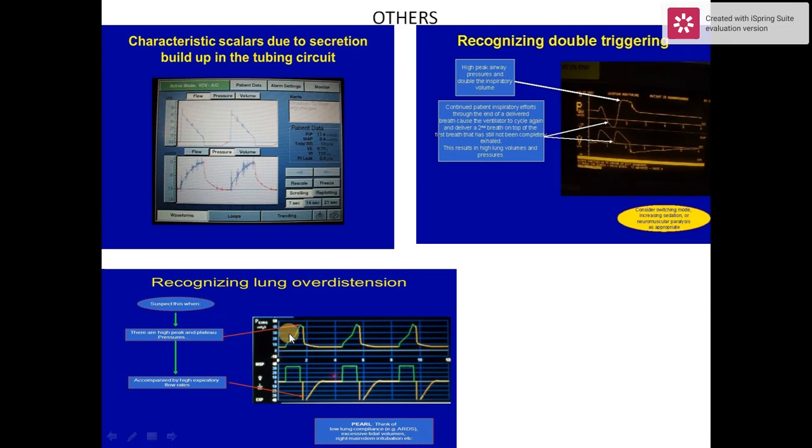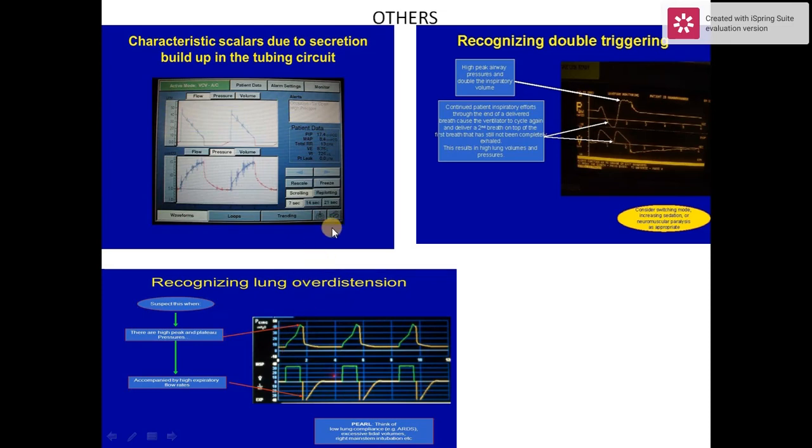As you can see, there are high peak pressure and high plateau pressure, and it is always accompanied by high expiratory flow rates, indicating lung over distension, seen in ARDS, when we give excessive tidal volume or excessive flow rate, and single lung intubation. These are the other miscellaneous scalars which we usually see.